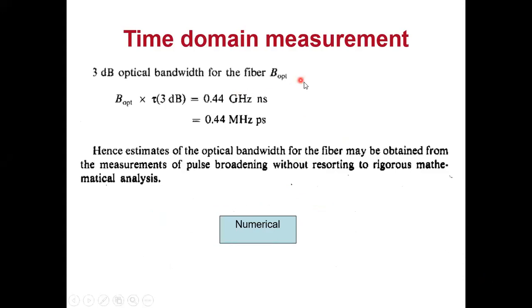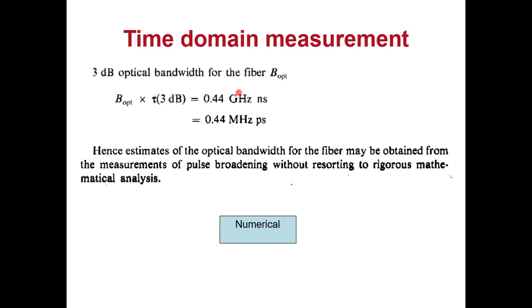Okay, so now I know what the pulse broadening is, but why are we interested in measuring dispersion? What will we get by measuring it? When I am talking of any transmission system, the transmission capacity of that system is important.